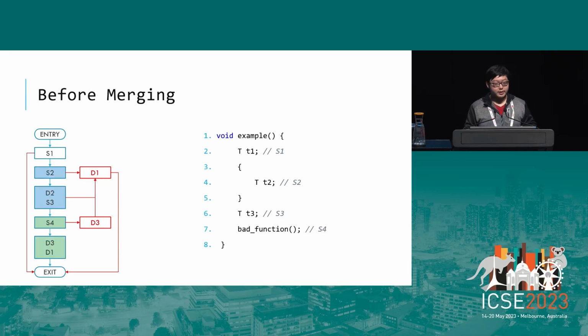After building the exception control flows, we then merge the blocks. Some blocks have exception control flows pointing to the same block. These blocks can be merged, as shown in the slide. The two blue blocks can be merged, as well as the two green blocks.